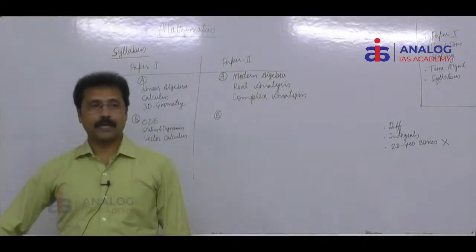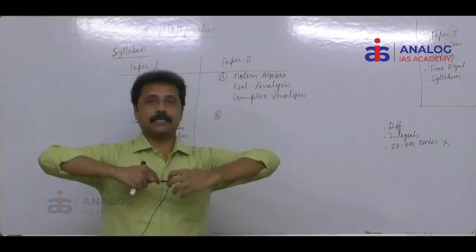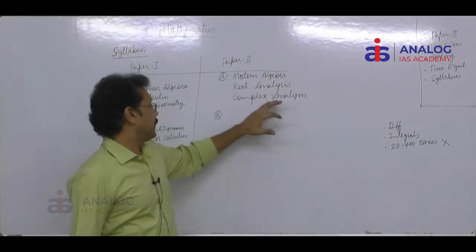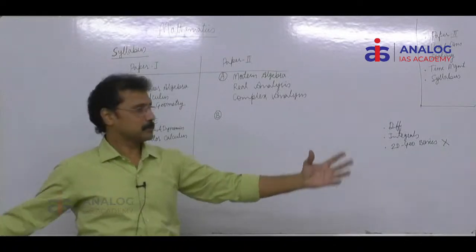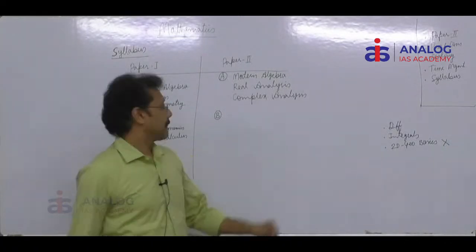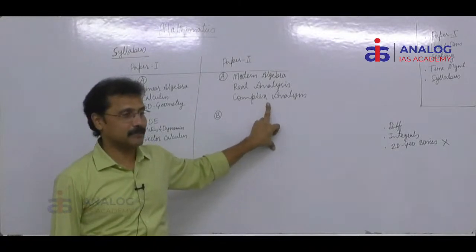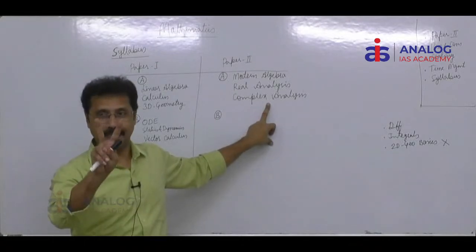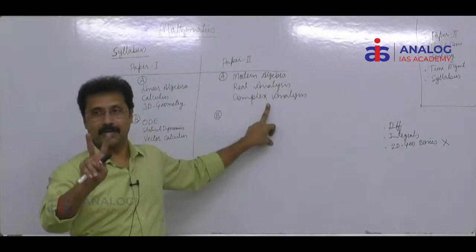Based on the complex number system, we have a complete concept called complex analysis. It used to be very, very heavy when I was preparing for this examination. It was a very exhaustive one. People in MSc learn this complex analysis for almost 2 years in some of the universities. Literally 2 years, daily 1 class.